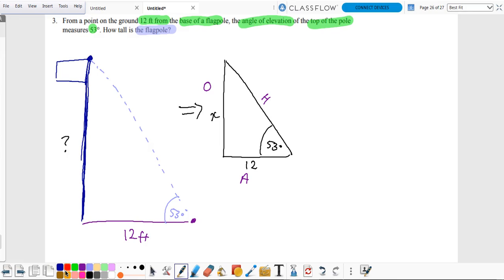This question is looking for a side length, so it's not inverse, just normal trig.